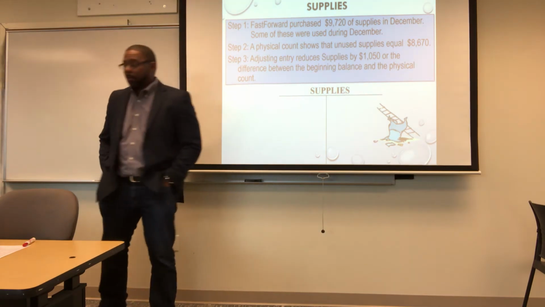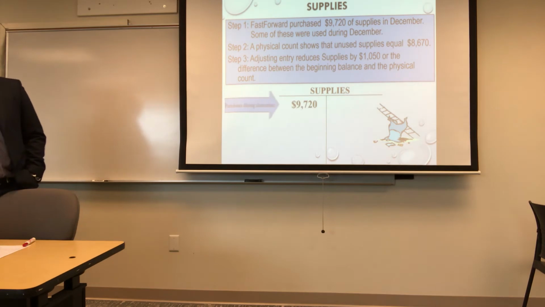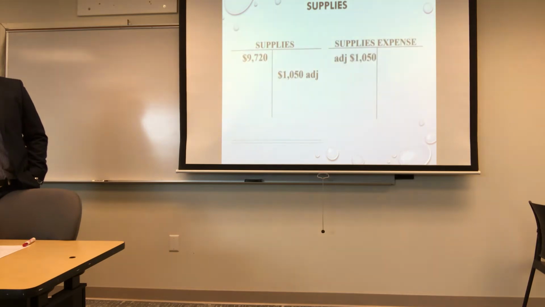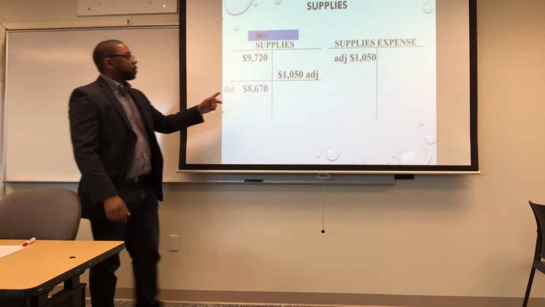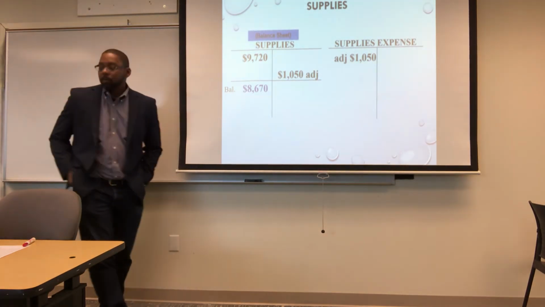So what is happening is, currently the supply count is a debit of $9,720. What they want is the account to be $8,670. Everybody with me?